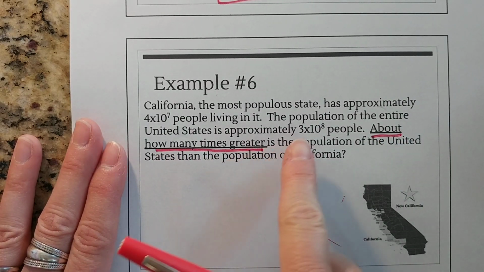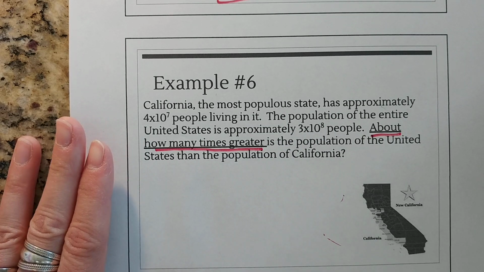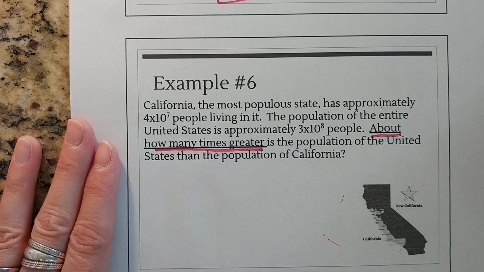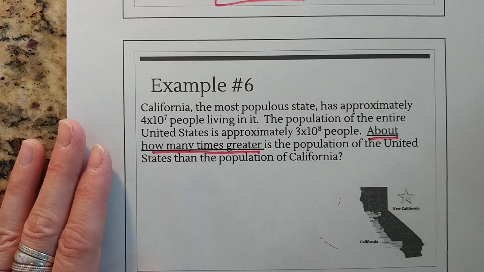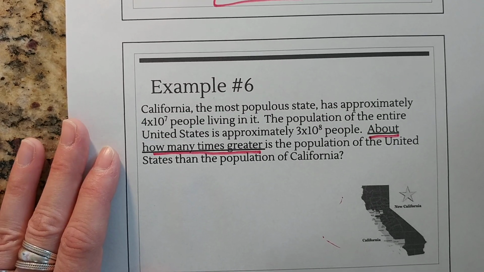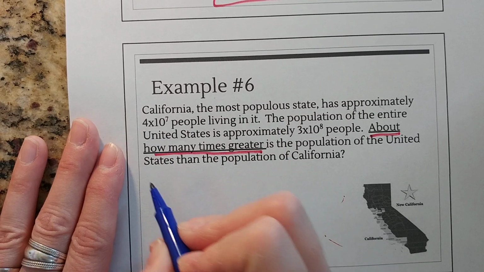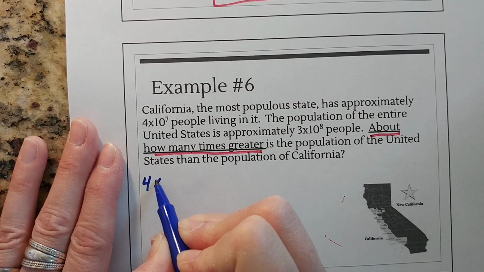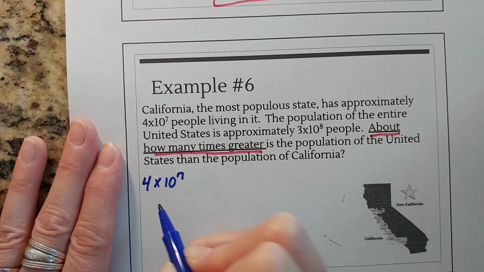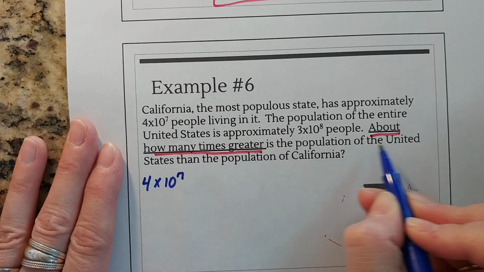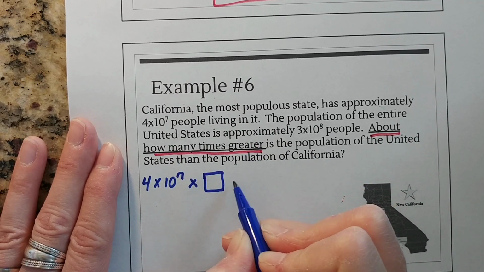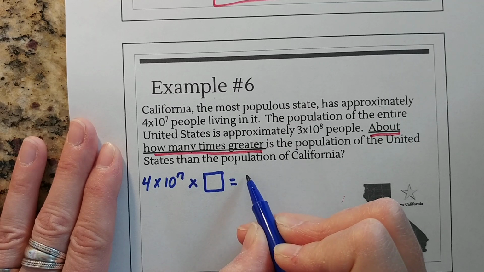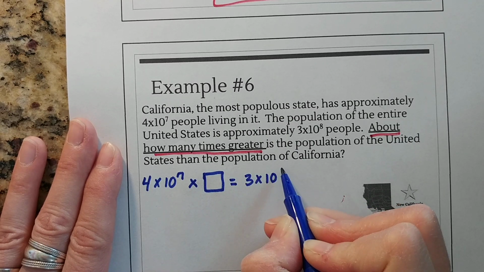About how many times greater? Well, what are we going to have to do with these two numbers to figure out how many times greater? Am I going to have to multiply or am I going to have to divide? When it says how many times greater, here I got California, 4 times 10 to the 7th. And it says how many times greater is the population of the U.S., 3 times 10 to the 8th.